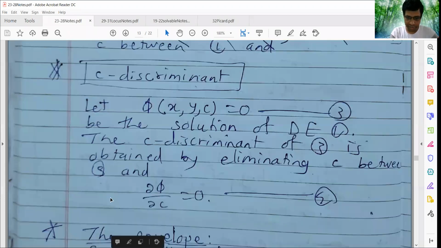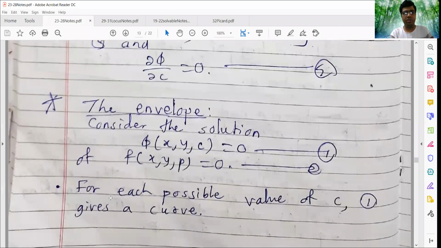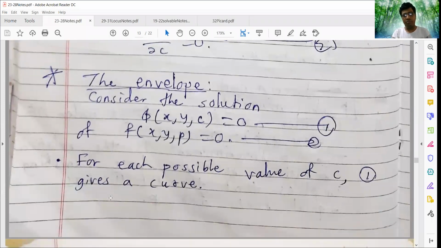Next point is the envelope. An envelope is the curve which touches every solution in the family of the general solution at a certain point.